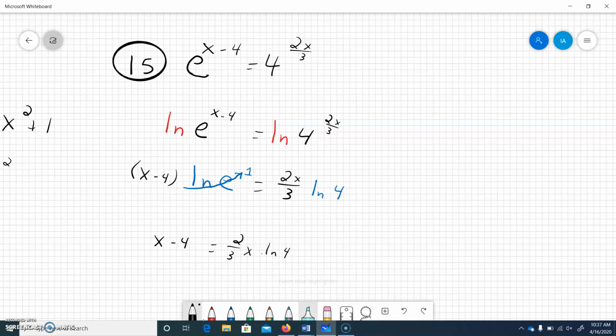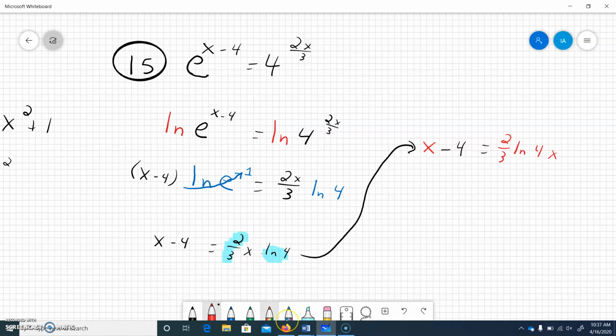And if you pay attention to this, 2/3 is a number, natural log of 4 is a number. So we can really just consider that a coefficient. So we could put that in the calculator and we would have, in this case, x minus 4 equals some version of x, which, like I said, you can put that in the calculator.